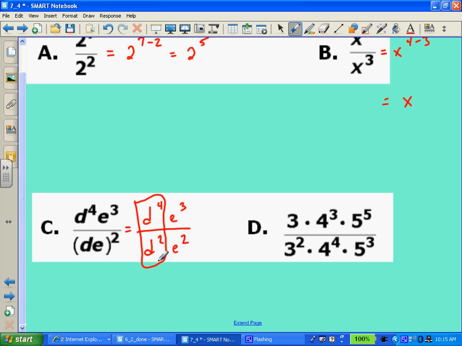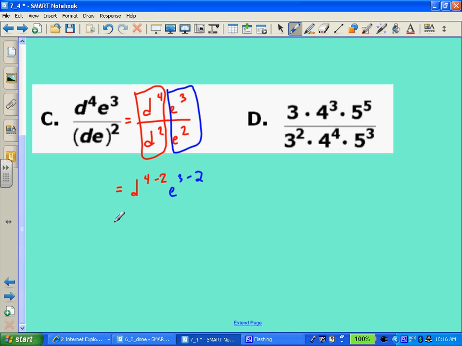So let's look at the d's first. d to the 4th over d to the 2nd is d to the 4 minus 2, right? And then if I look at the e's, that's going to be e to the 3 minus 2. So then we end up with d squared e to the 1st. So d squared e.